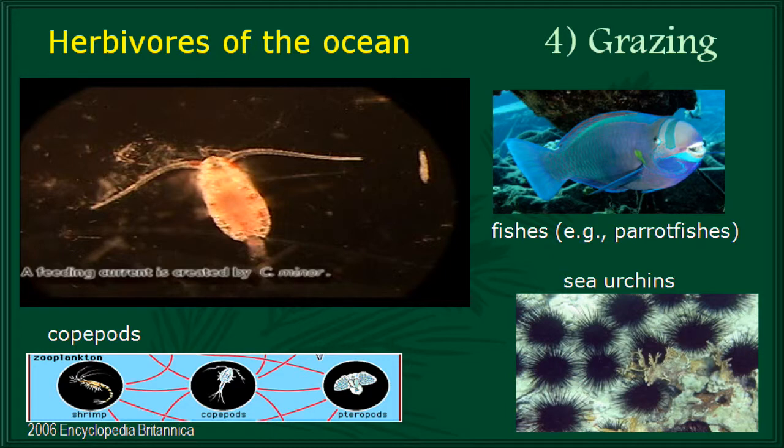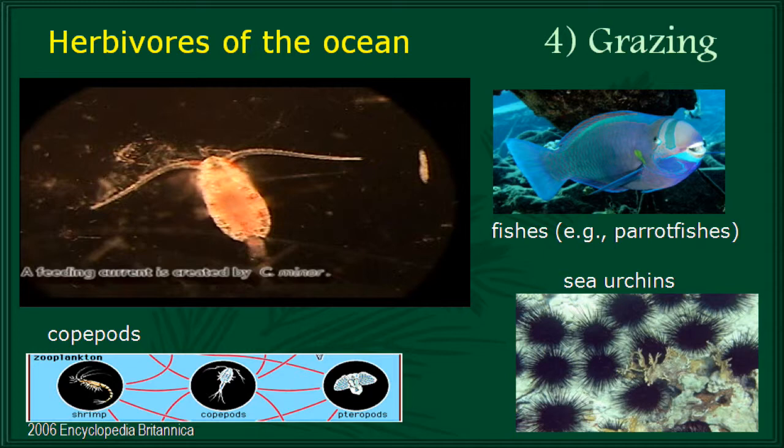And then, of course, grazing. Someone eats those primary producers, and there are many herbivores in the ocean. The main herbivores for your phytoplankton are your zooplankton, such as this copepod, your tiny shrimp, or your euphausiids, for example, your pteropods, so different tiny crustaceans and mollusks.